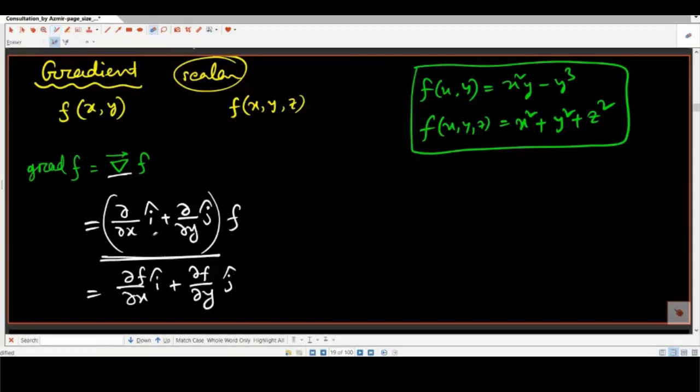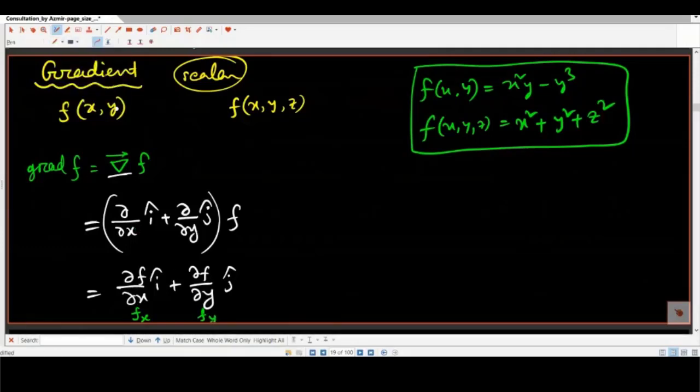So we can see that previously f is a scalar, and finally the result that we are getting as gradient of f is becoming a vector because it has i and j components. This df/dx and df/dy is the partial derivative f sub x, f sub y.